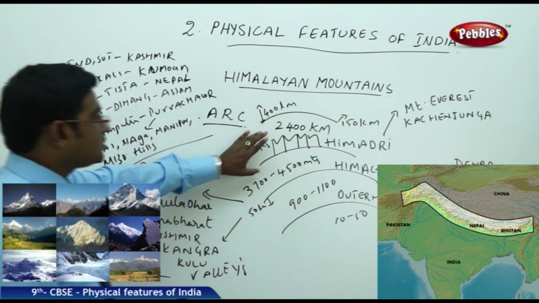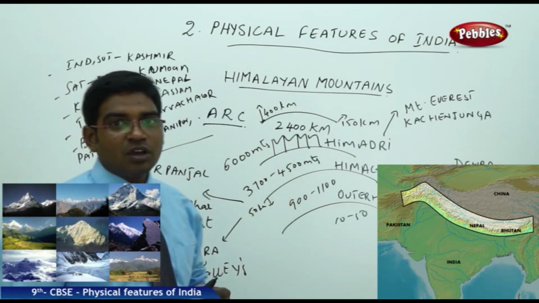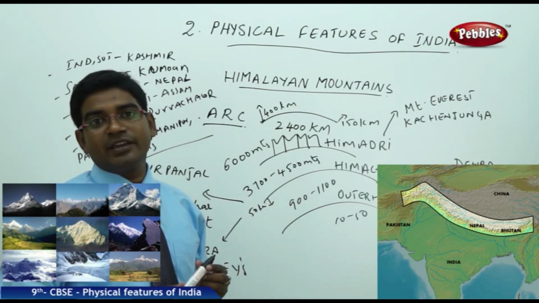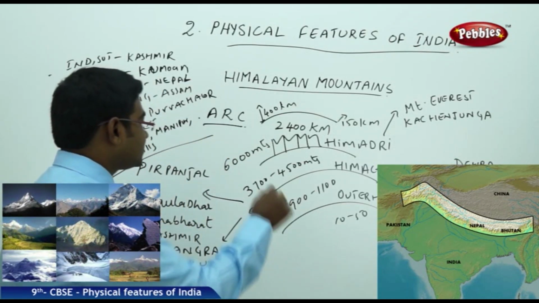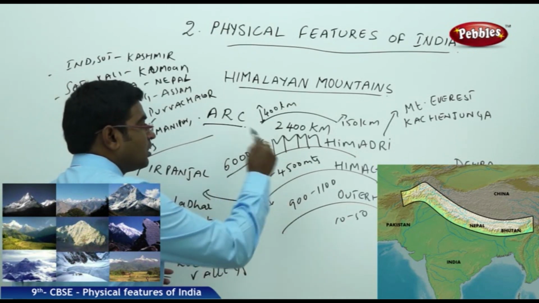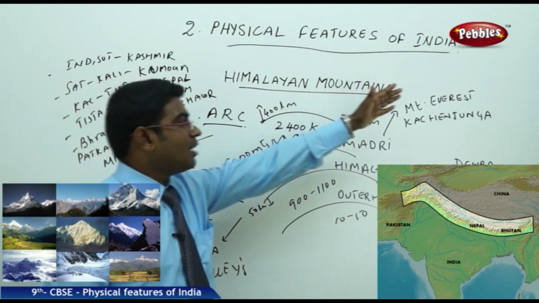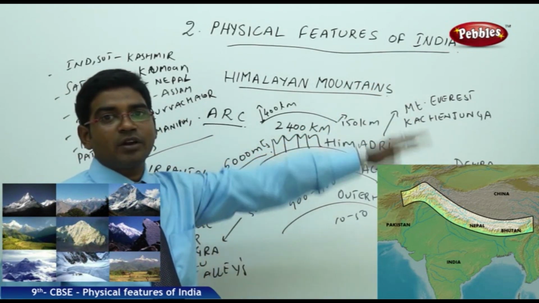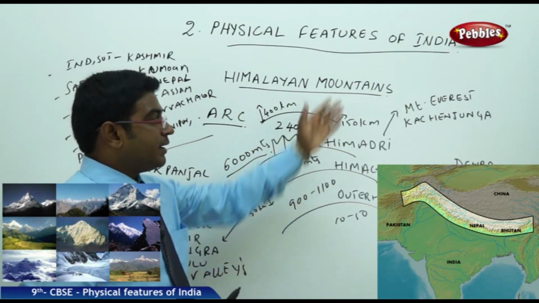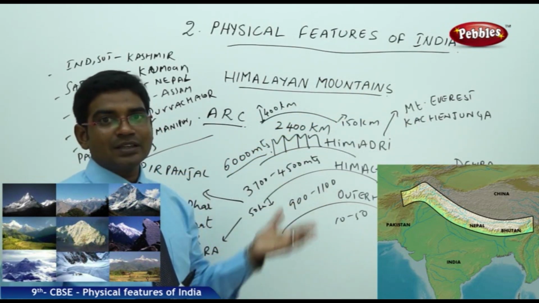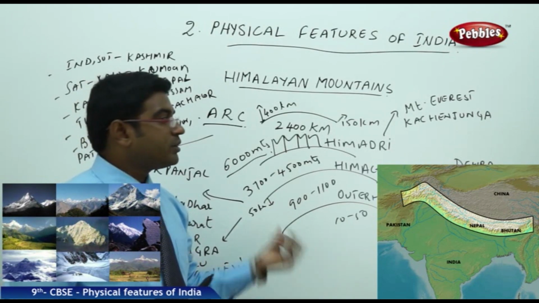So, the first range is a very high range, a continuous series of mountains present here. The average height here is 6000 meters, while the world's topmost peak, Mount Everest, is 8848 meters, and Mount Everest is present in the Nepal region. So, we cannot consider it as an Indian mountain.